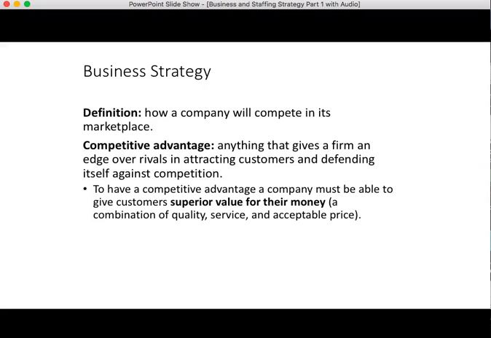But in terms of competitive advantage, anything that gives the firm an edge over rivals in attracting customers and defending itself against competition is considered a competitive advantage. To have a competitive advantage, you have to give them superior value for the price, whether it's superior quality, superior service, or a good price for whatever it is that you're offering, which is why, with something like Walmart, people go into Walmart and don't expect to buy things that are going to last them 10, 15, 20, 30 years.